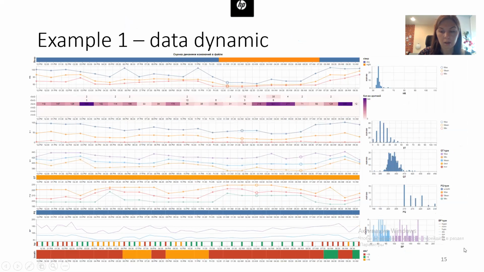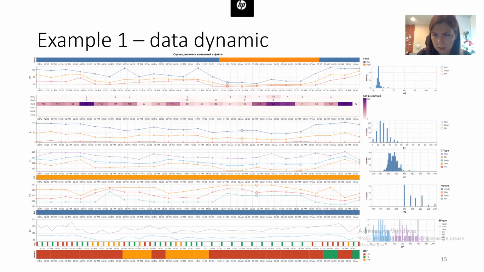In this example, we had a task to visualize the dynamic of heart rate and arrhythmias for a patient. Here we have lines. It's trends of heart rate, as I remember, or maybe not.